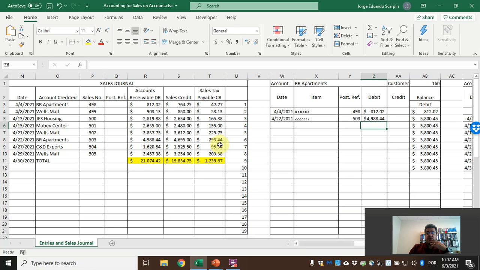So here are our debit numbers. So here is our balance. Okay? And if we receive some money here, we just add it here and then we go on credits.